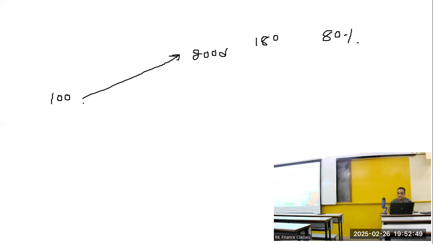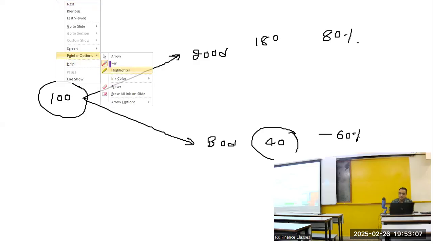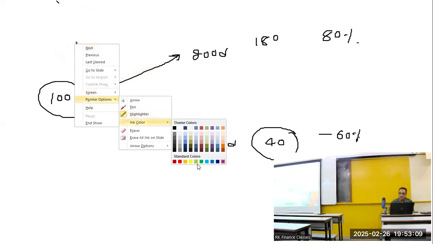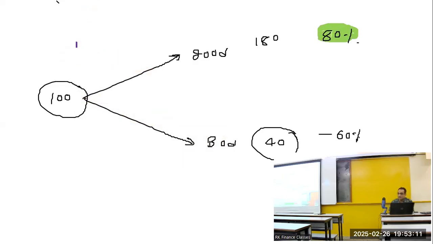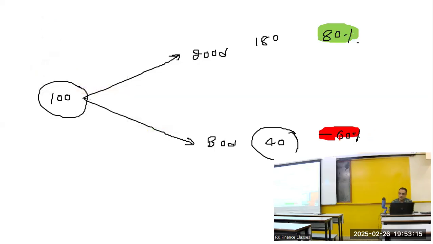Economy could crash also. Economy could have a recession also. So if economy turns out to be bad, the share price could go down to something like 40. So कितना return है ये? 40 minus 100 कितना है? Minus 60 upon 100, that's minus 60%. So if everything turns out to be good, we are going to get a return of 80%. And if everything turns out to be bad, we are going to get a return of minus 60%.